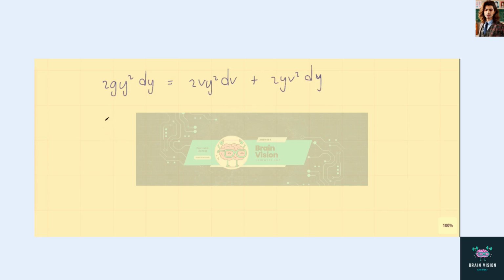And now we can integrate both sides of this equation. So the integral of 2g y squared dy is equal to the integral of the v squared y squared.